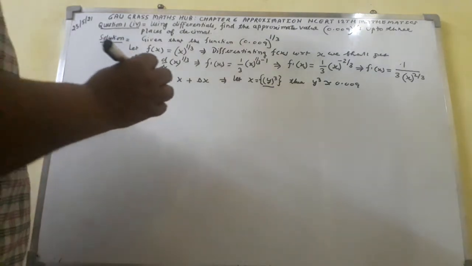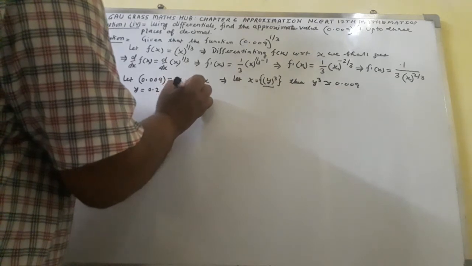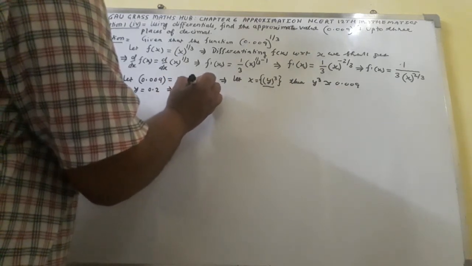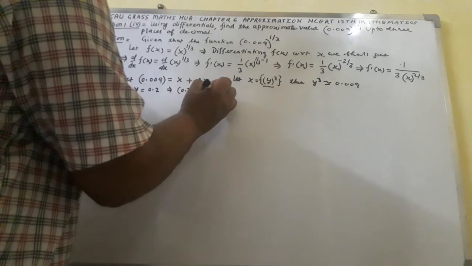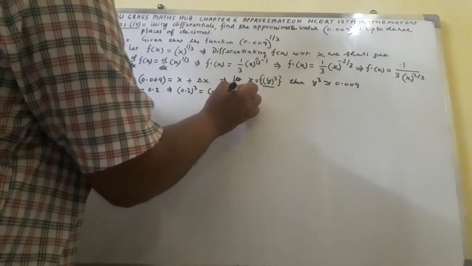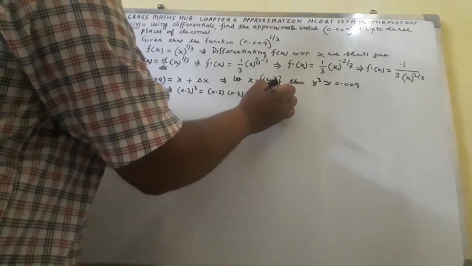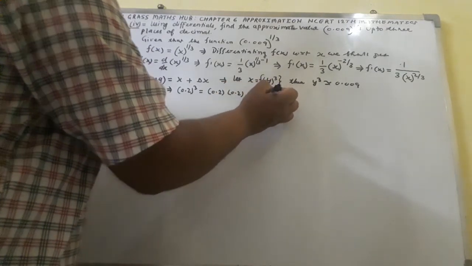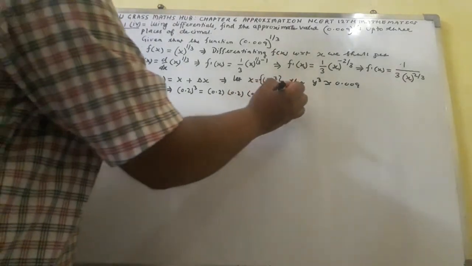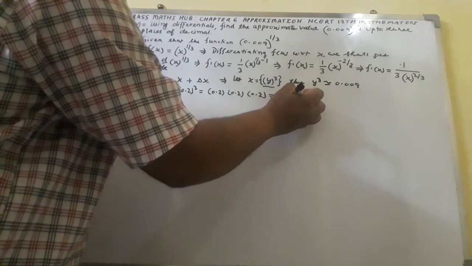So what will we do here, implies that 0.2 cubed, we get 0.2 multiplied by 0.2 multiplied by 0.2, equal to 0.008. This thing you will get.